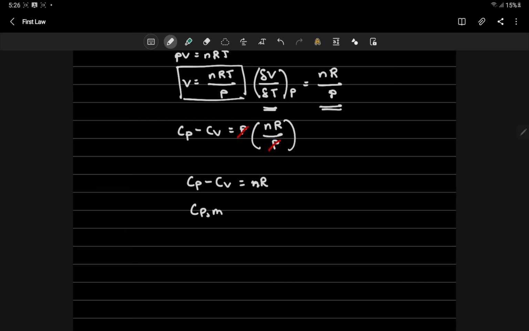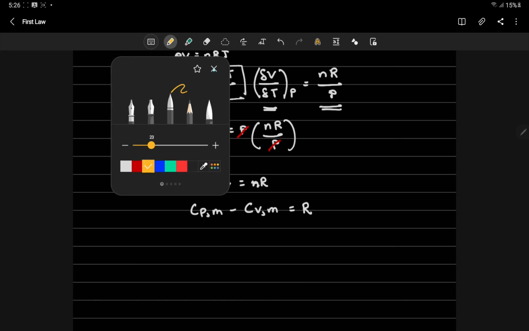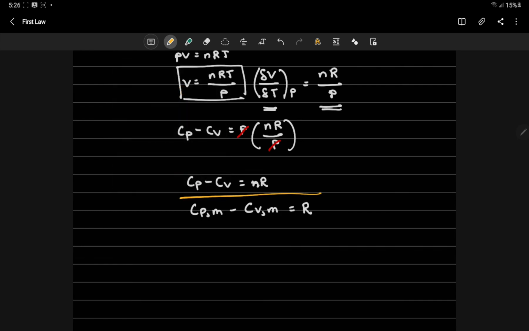So, molar heat capacity. Molar constant pressure heat capacity minus molar constant volume heat capacity will be equal to R. And this is now the relationship between Cp and Cv. So, just get the difference between Cp and Cv. Yan yung value ng gas constant.